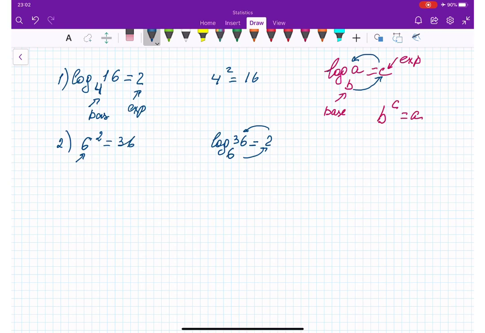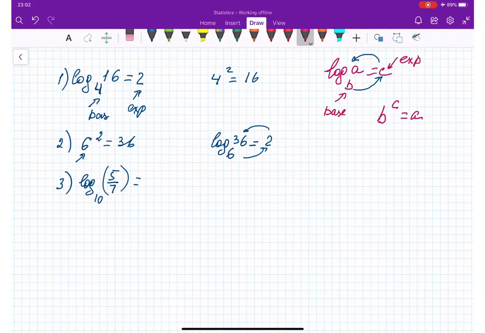Question number 3. We have logarithm 5 over 7 by base 10. Okay, we are going to use properties here. Using properties of logarithms, we need to rewrite this expression as a sum or difference of logarithms. Let me write down the properties of logarithm.